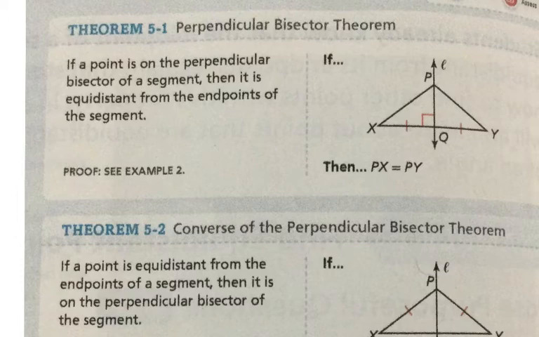If a point is on the perpendicular bisector of a segment, then it is equidistant from the endpoints of the segment. So what it says here, we draw PQ. PQ is a perpendicular bisector.